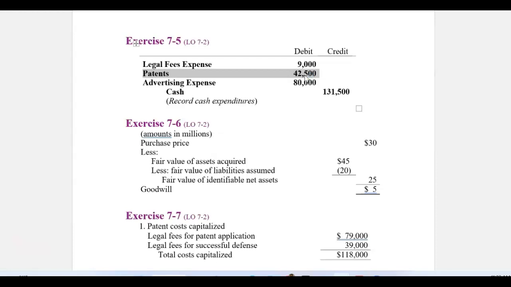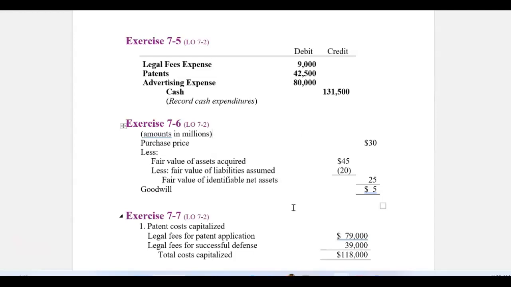So bottom line, whichever is shorter. Advertising expense is always expensed immediately. So you pay cash for this, but some of it will be capitalized like patent. Some of it will be expensed immediately like legal fees and advertising expense. Make sense?